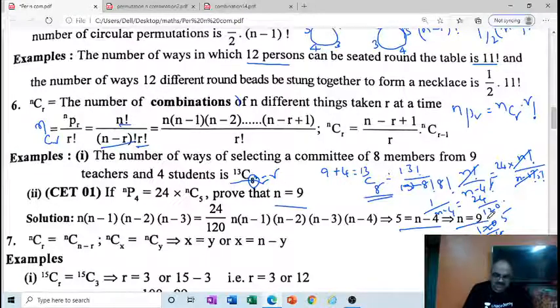Friends, CET needs quickness and precision. And this will come only by practice. For the questions I am showing you on the screen and discussing with you, you must at least practice 10 to 15 sums of the same nature repetitively.